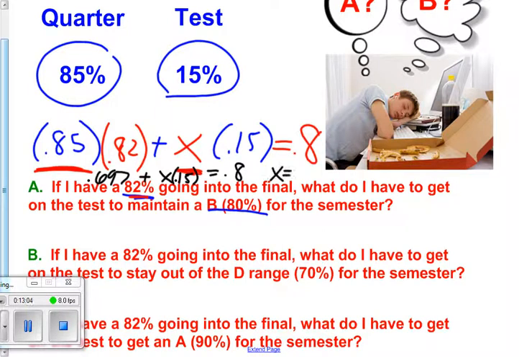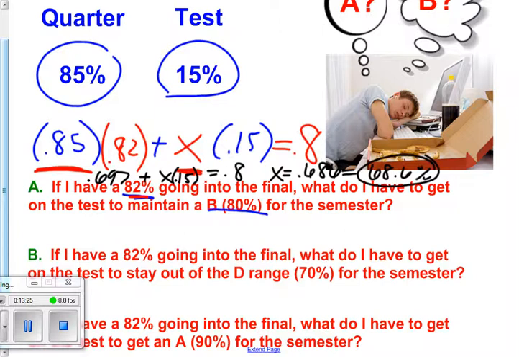Did anyone get what x equals? 0.686, you said? So now you're right, Sonny. We have to multiply that by 100 to get it into a percent.